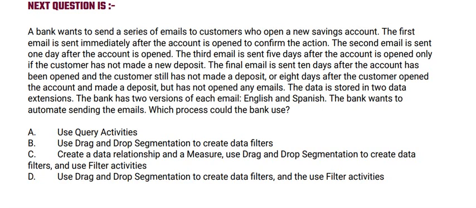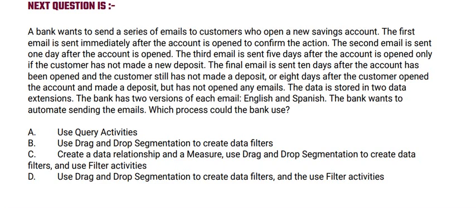The third email is sent 5 days after the account is opened only if the customer has not made a new deposit. The final email is sent 10 days after the account has been opened and the customer still has not made a deposit, or 8 days after the customer opened the account and made a deposit but has not opened any emails.